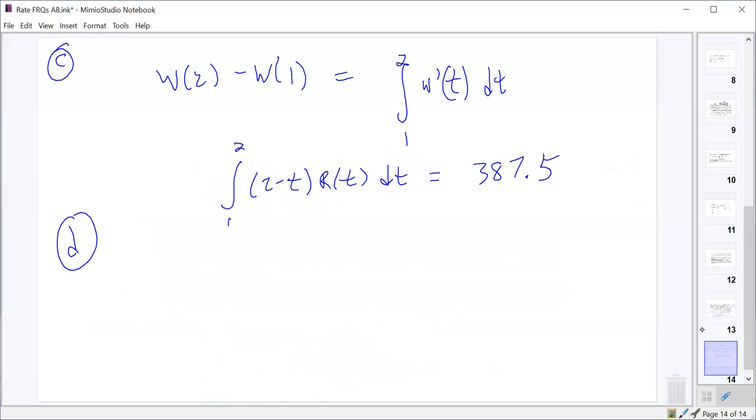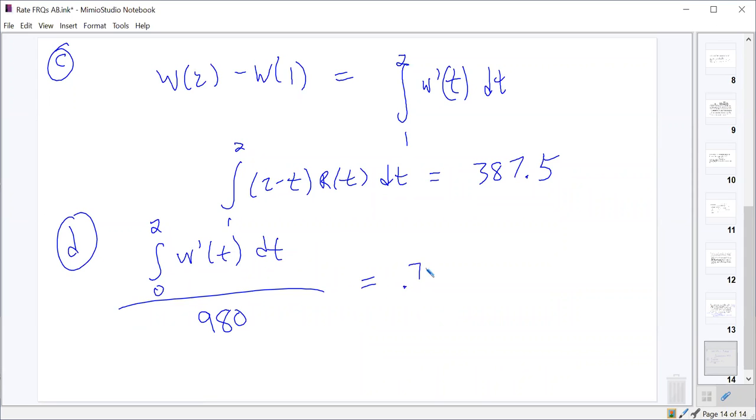So it should be the integral from 0 to 2 of W prime of t dt, and then we'll divide that by the total number of people that came to this at 980, and that should come out to be 0.775 hours on average people waited.